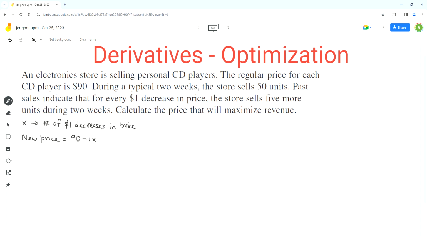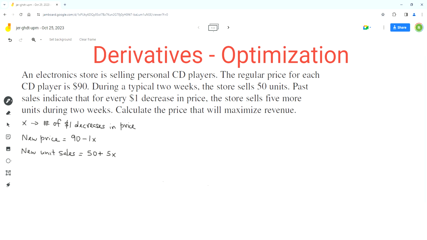And then the new unit sales, the number of CD players sold, will be the current value 50, and then the store will sell 5 more units for every $1 decrease in price, so it will be plus 5x.